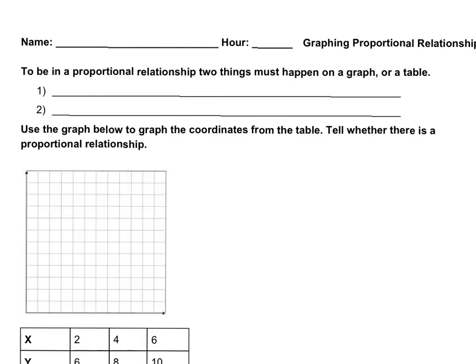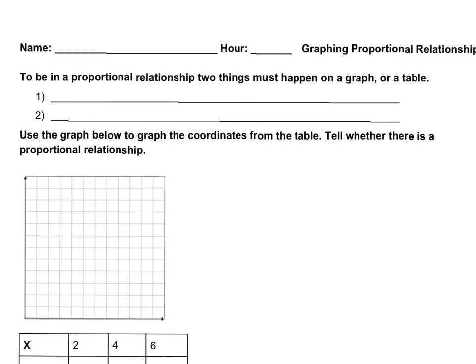Okay, so today we're going to talk about being in a proportional relationship. To be in a proportional relationship, two things must happen. So it must go through the origin.